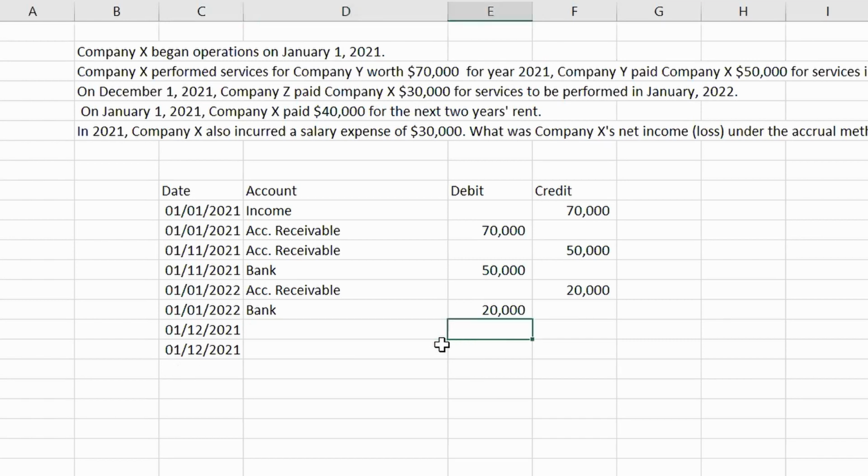Extra points for the one who participates. Come on, please. Next register. Income. The company recognizes income when? December 1st? You have two dates, December 1st and January 2022.